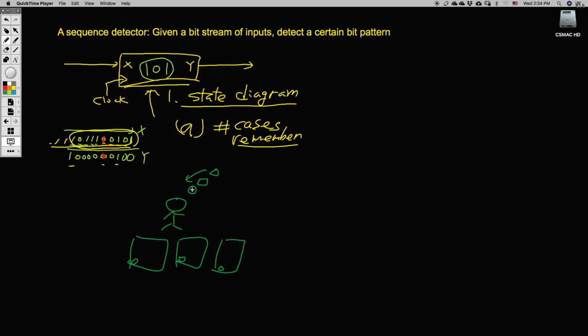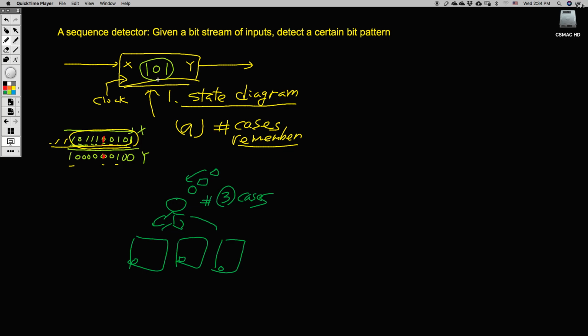Every clock tick, one of the shapes comes in, then you need to remember three different cases of shapes you are expecting, and based on the shape, throw it into the proper box. So three cases you need to remember in doing your job.